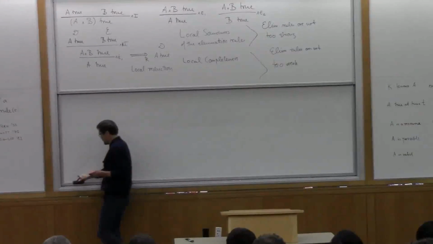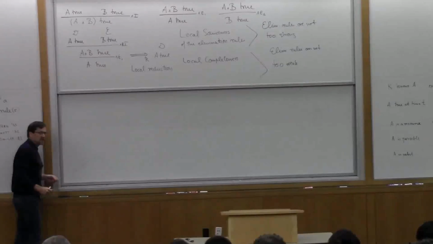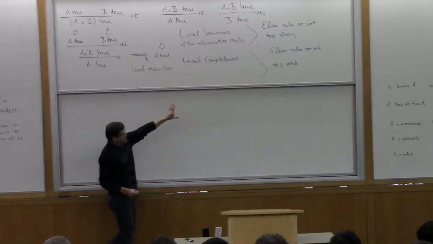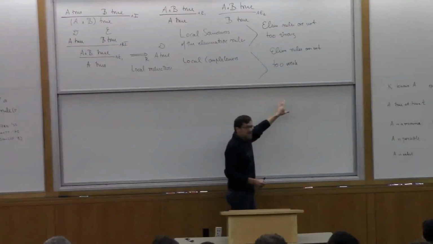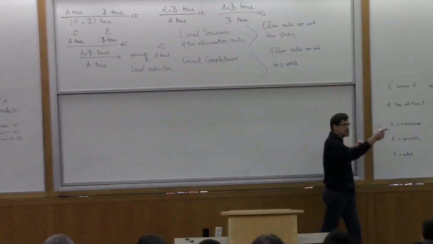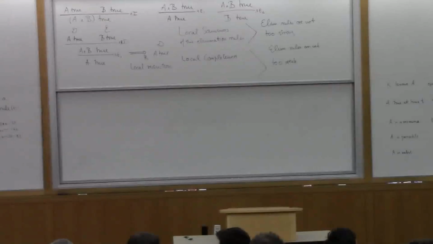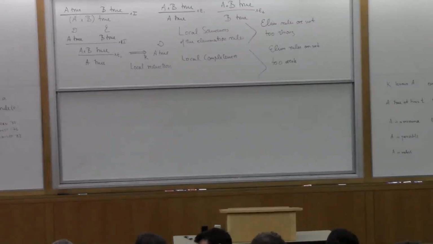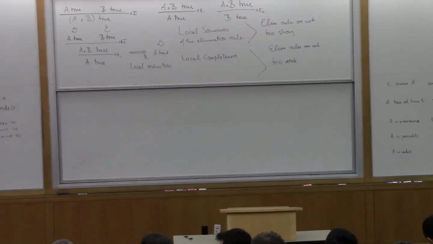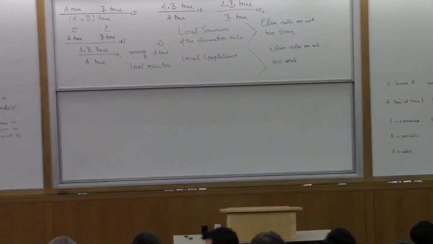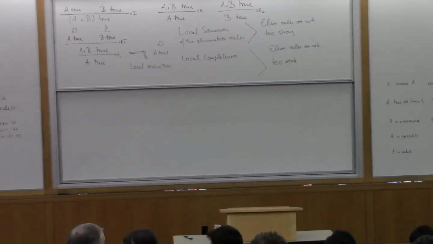By the way, another terminology that probably a lot of you know is that the first set of rules, the local reductions, are called beta rules, and the second ones are called eta rules. That's right. That's your homework. And this time I'm not kidding. That really is your homework.